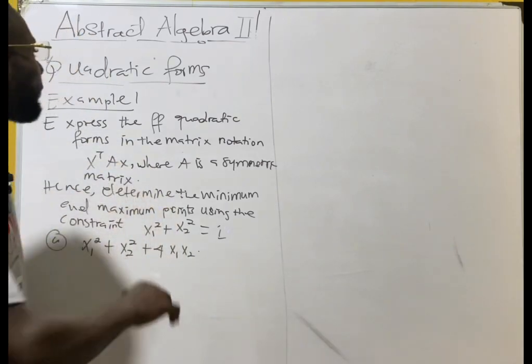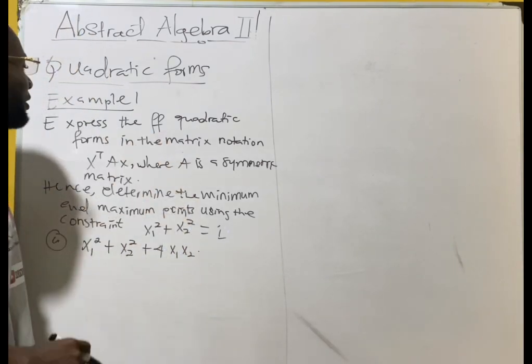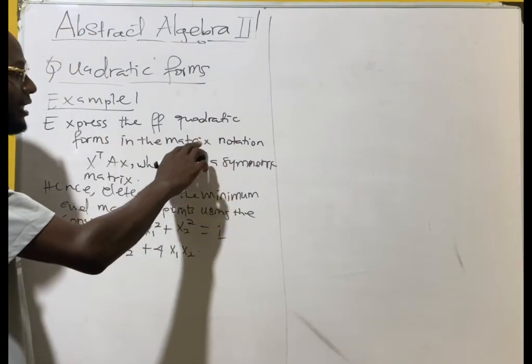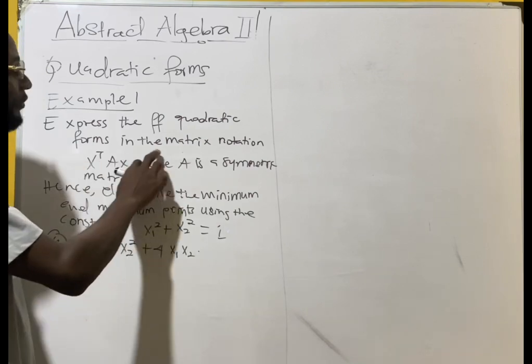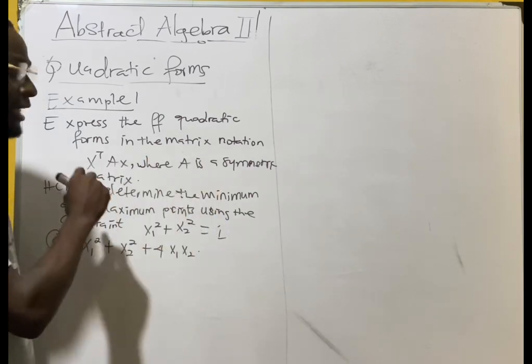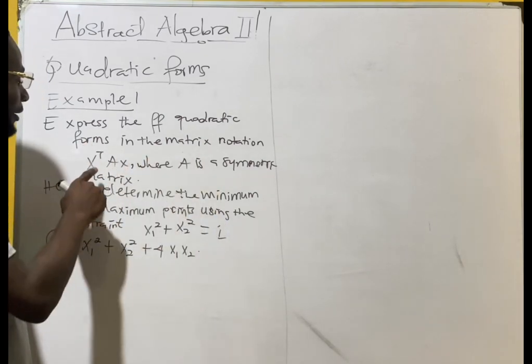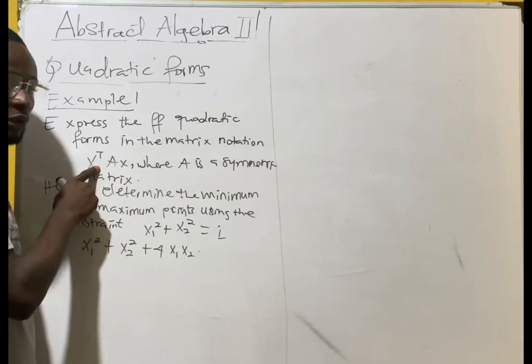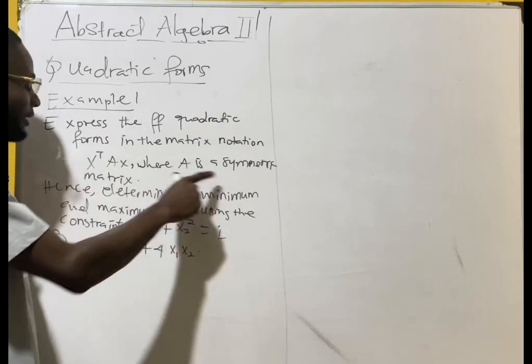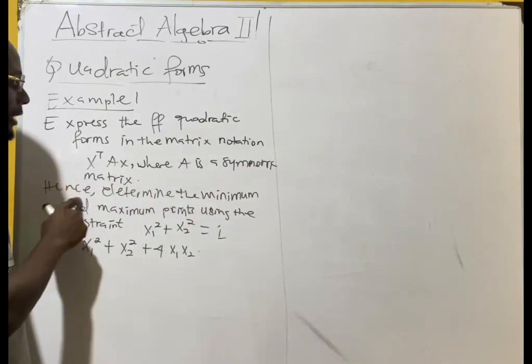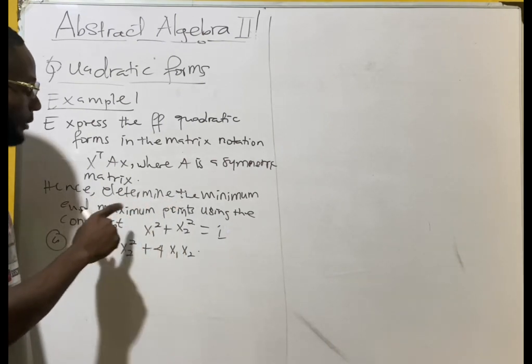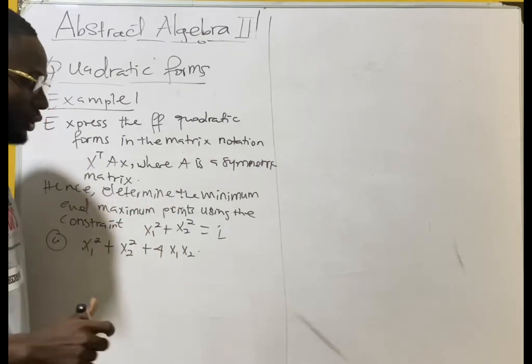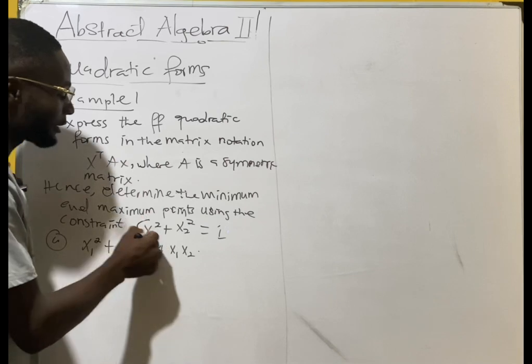Our first example is to express the following quadratic forms in matrix notation, x^T A x, where A is a symmetric matrix. Hence, we want to determine the minimum and maximum point using the constraint.